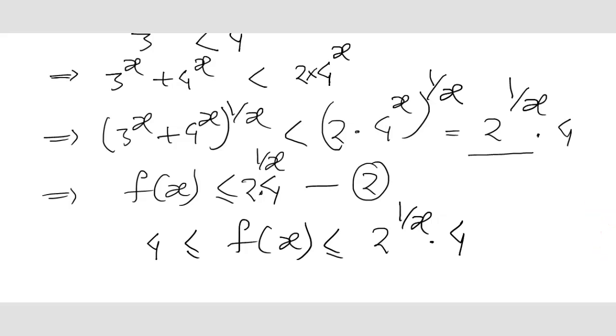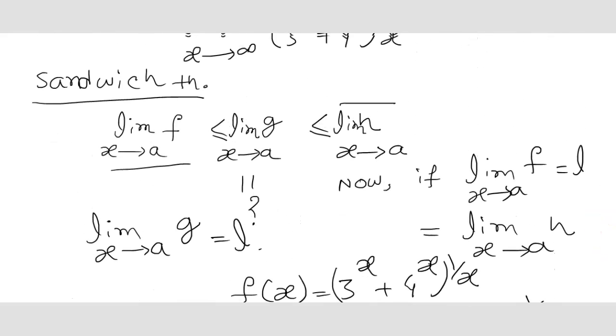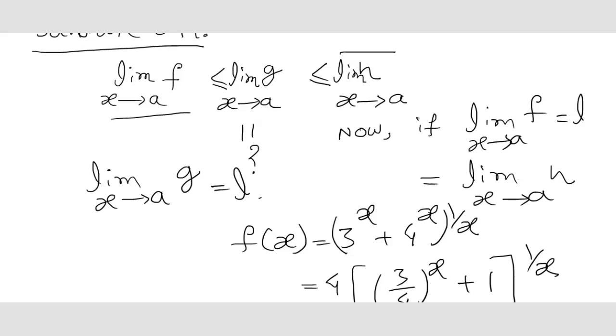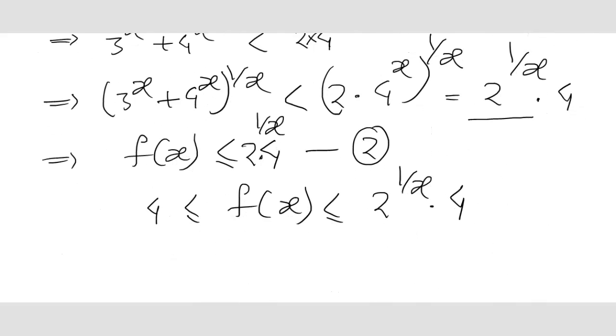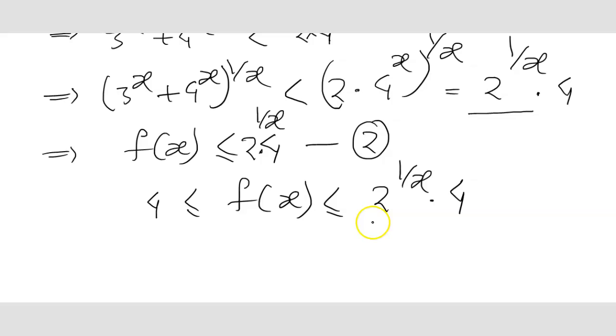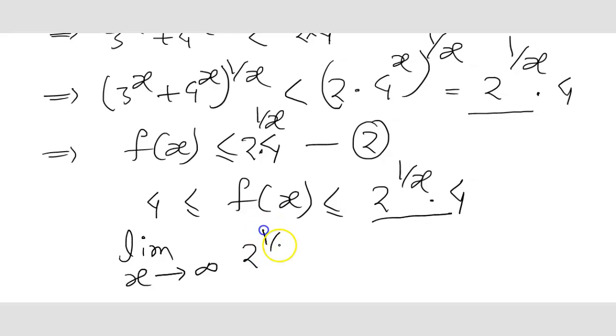Now, as I stated in the sandwich theorem, we have to simply calculate the limit of this thing as x tends to infinity. What will this limit be? This limit will be 1. You may wonder why.